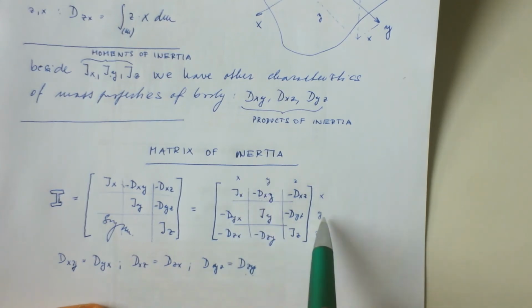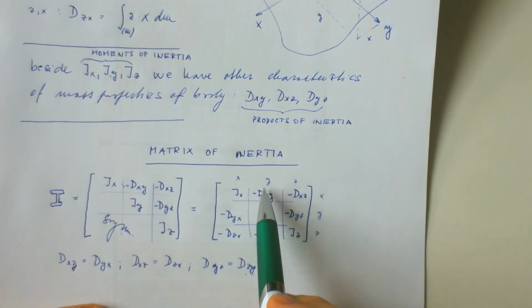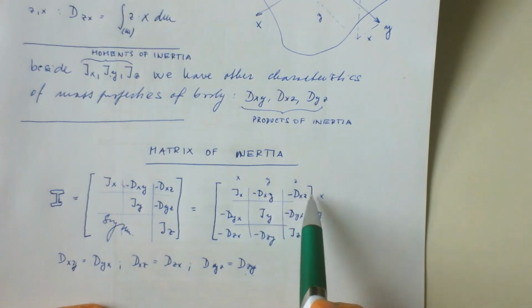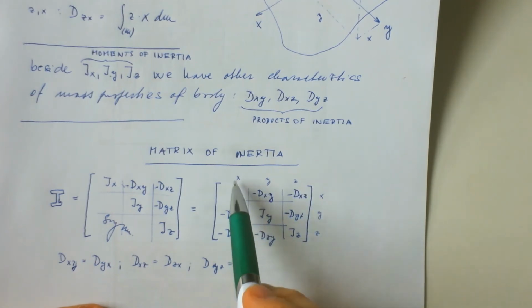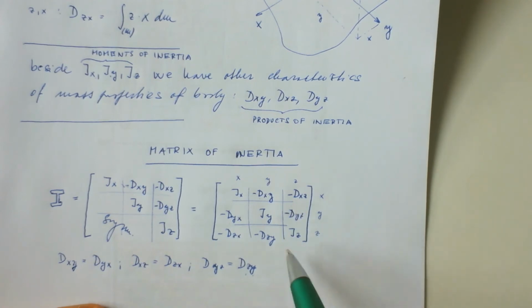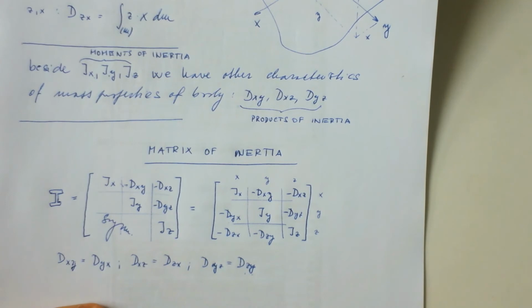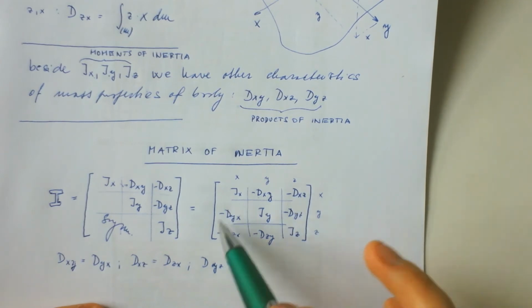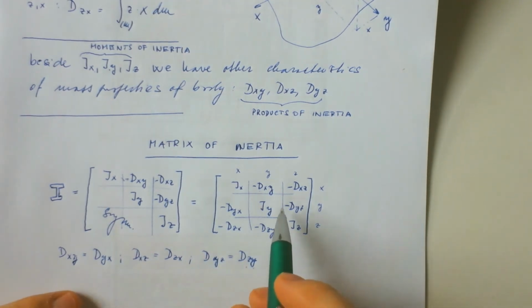Here it's y to y, and here at this position it's z to z, and here it is xy, xz, yx. So this is a principle how to distribute indices over the matrix. So once again, be careful.